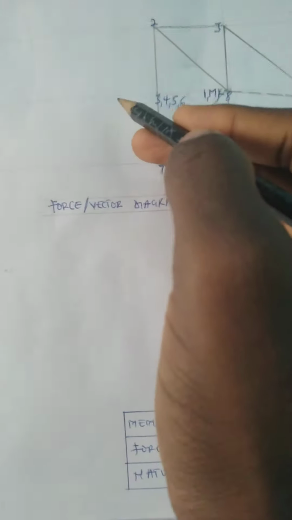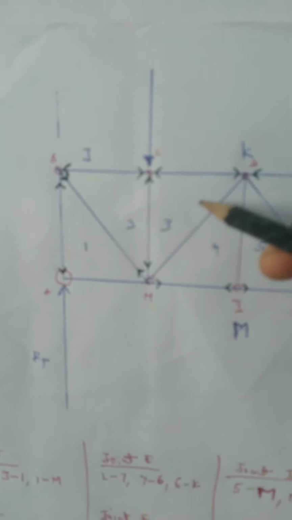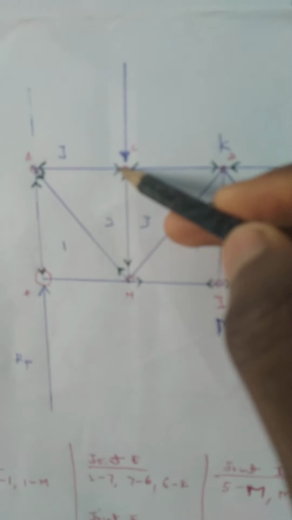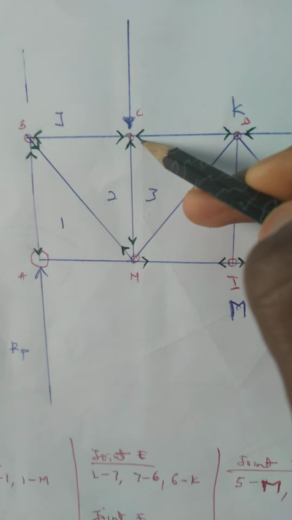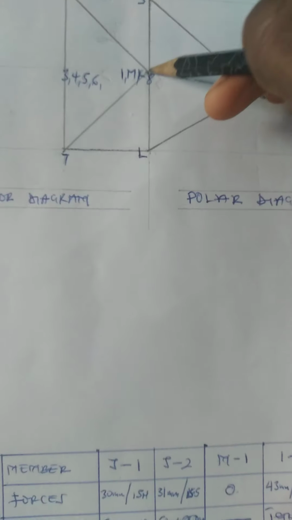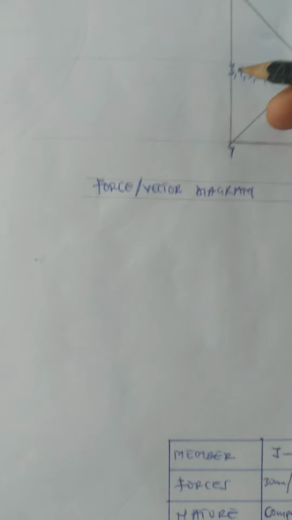Then we come back to joint C. At joint C, this K3 is this member. So at joint C, it will be pointing to this direction because for K3 we move from this K to this 3 direction.